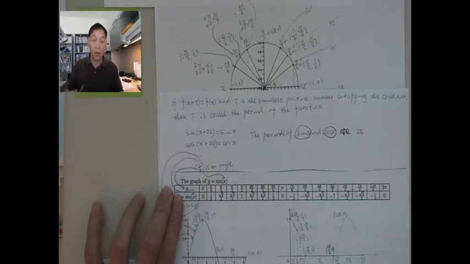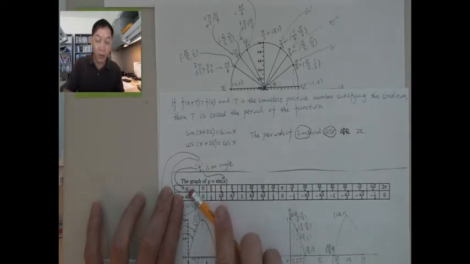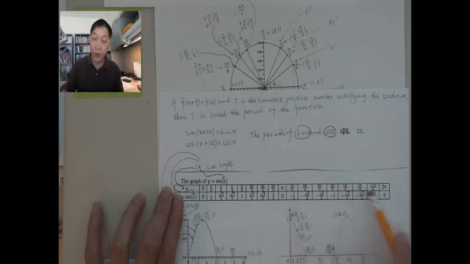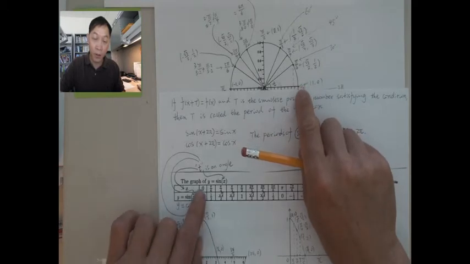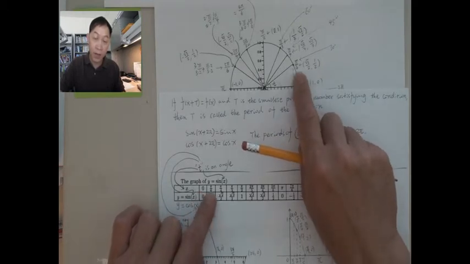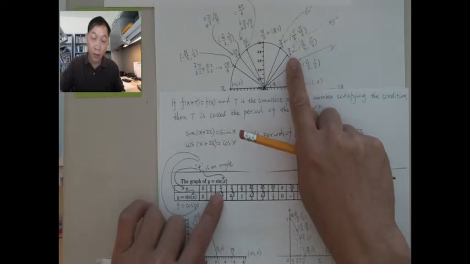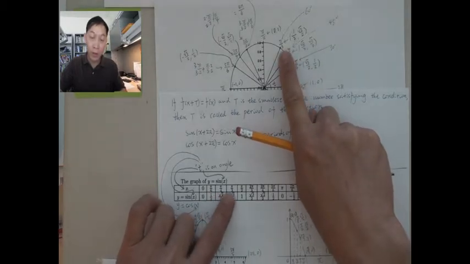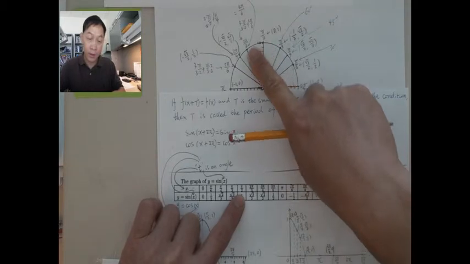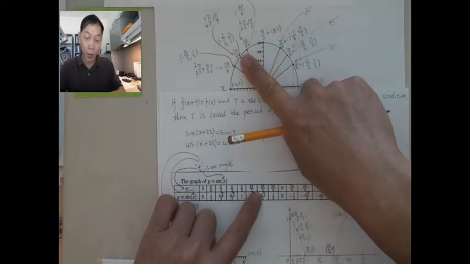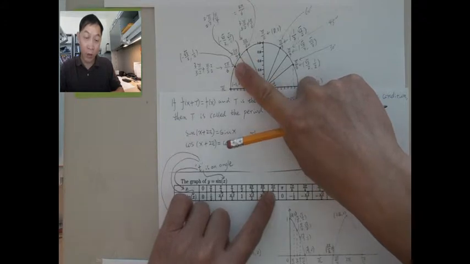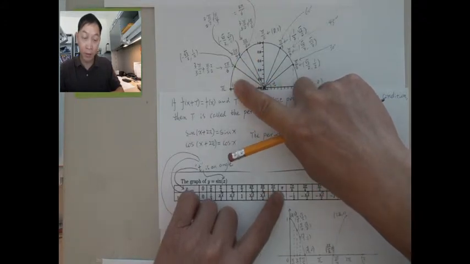So first of all, all the x's I chose are from here. The first one is 0 degrees, and then 30 degrees, pi over 6, and then pi over 4, pi over 3, 2 pi, 3 pi over 2, 4 pi over 3, 5 pi over 6, and then pi.